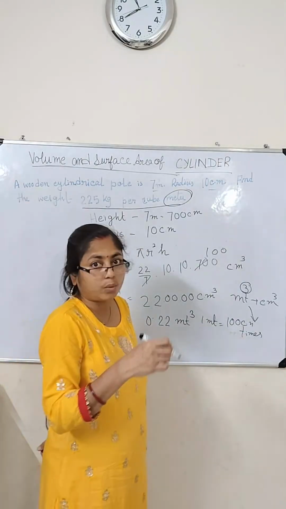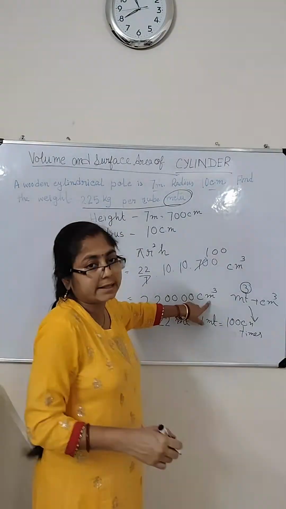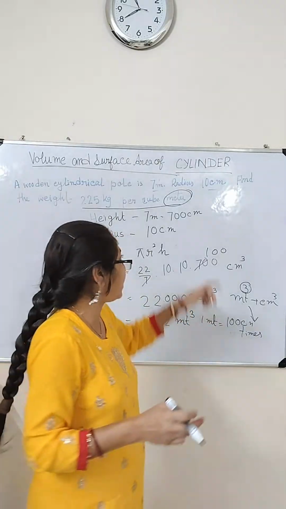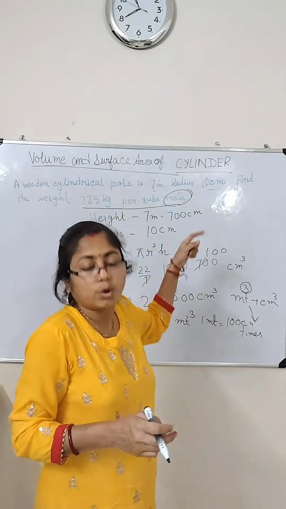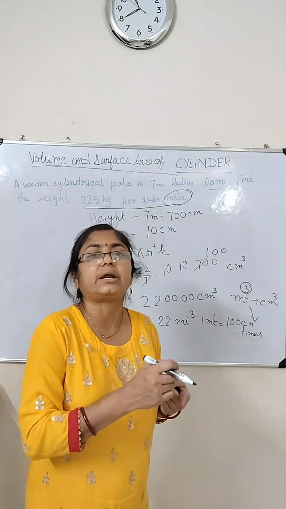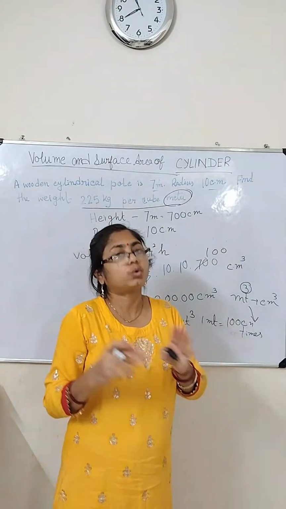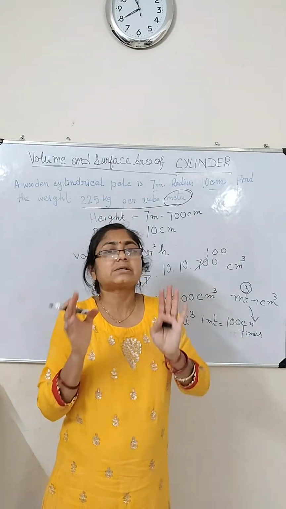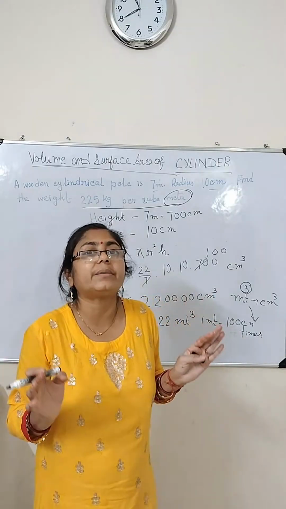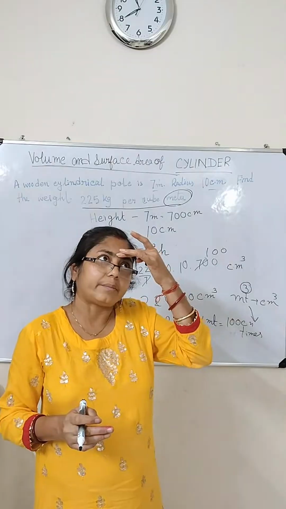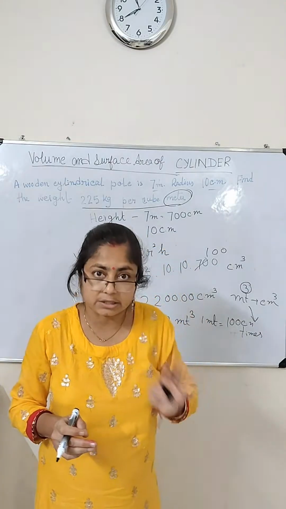I repeat it one more time. Here the answer is in centimeter cube, but in the question the unit is meter cube. So you convert centimeter to meter. First, how many centimeters are in 1 meter? 1 meter means 100 centimeters.